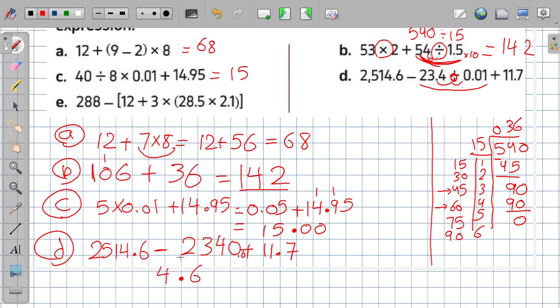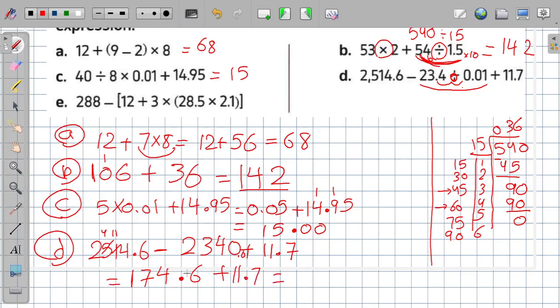1 minus 4 it can't be, so I will borrow from 5, it becomes 4, and 1 becomes 11. 11 minus 4 equals 7. And 4 minus 3 equals 1, and 2 minus 2 equals 0. Next, I will add 11.7.